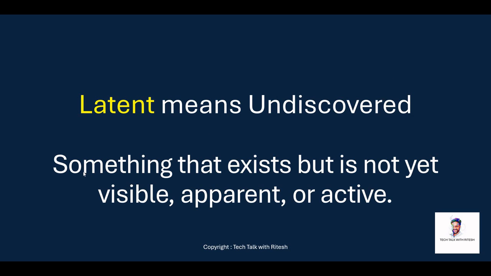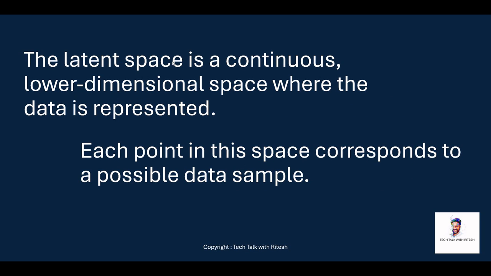Another dictionary definition says something that exists but is not yet visible, apparent, or active. So it means no one has seen it. It's just imagination, right? The latent space is a continuous lower dimensional space where the data is represented. Each point in the space corresponds to a possible data sample.